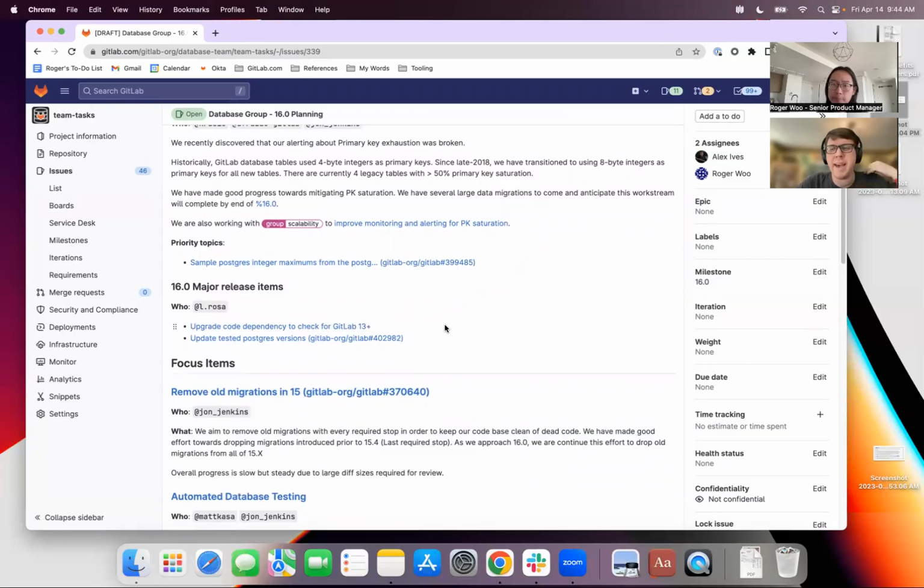So, yeah, I probably should have changed the name of this, but with 16.0, we are officially dropping support for Postgres 12. This was announced when we released 15.0. So hopefully folks will have had time to upgrade to Postgres 13 or later by now.